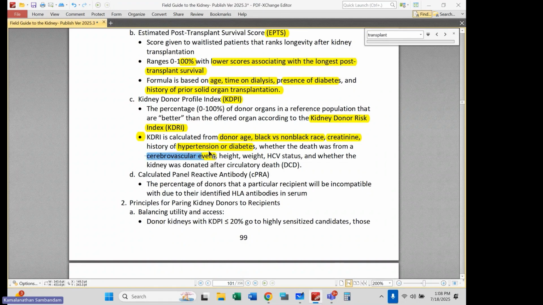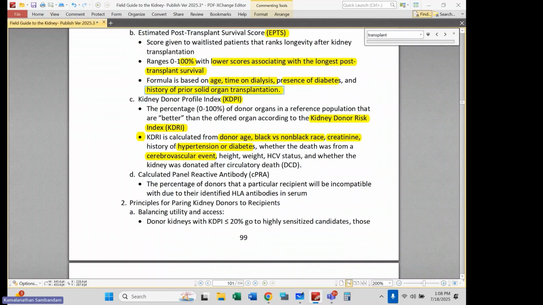If you have a cerebral vascular accident, you might ask yourself again, why prior solid organ transplant? Is that in your EPTS score? There were multiple prospective pieces of the EPTS score. These were the attributes that had the greatest predictor for survival. So arbitrarily, this was just statistics.